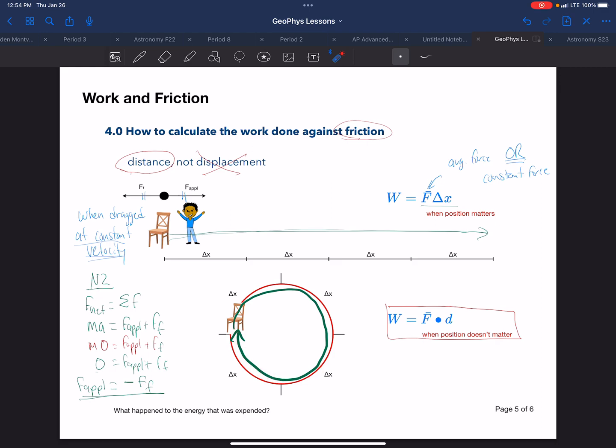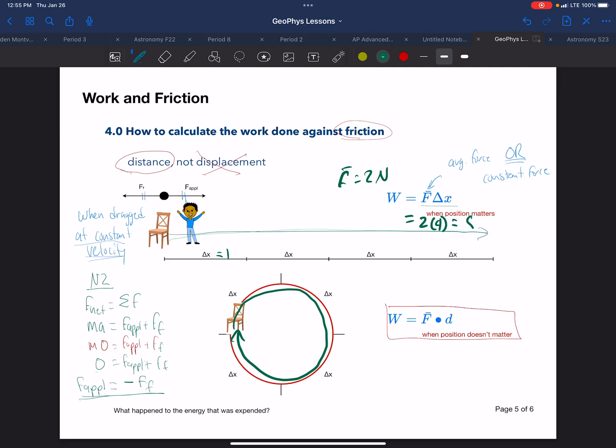So since the work is done against friction, we would use F, the average force, times the distance, which would be the same delta x. So if we said the force was 2 newtons, well, we would have 2 newtons, and let's say each delta x is 1, so we would have 4.